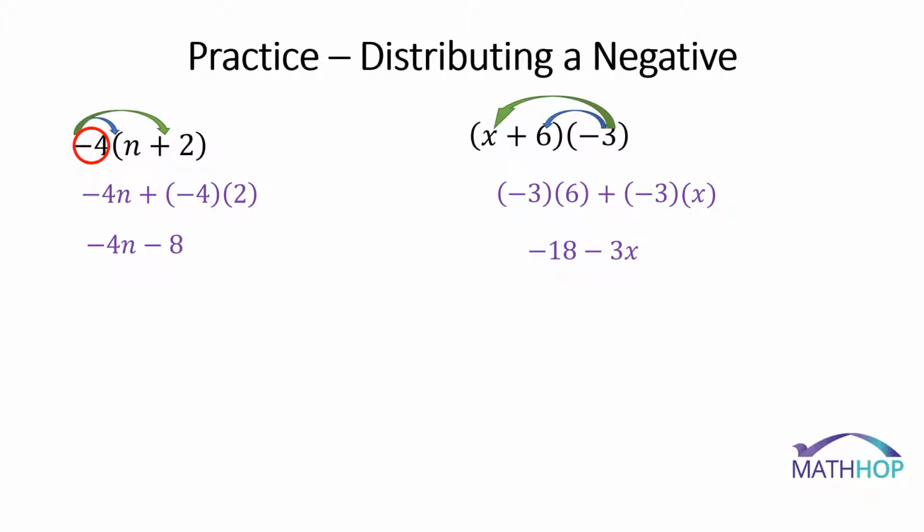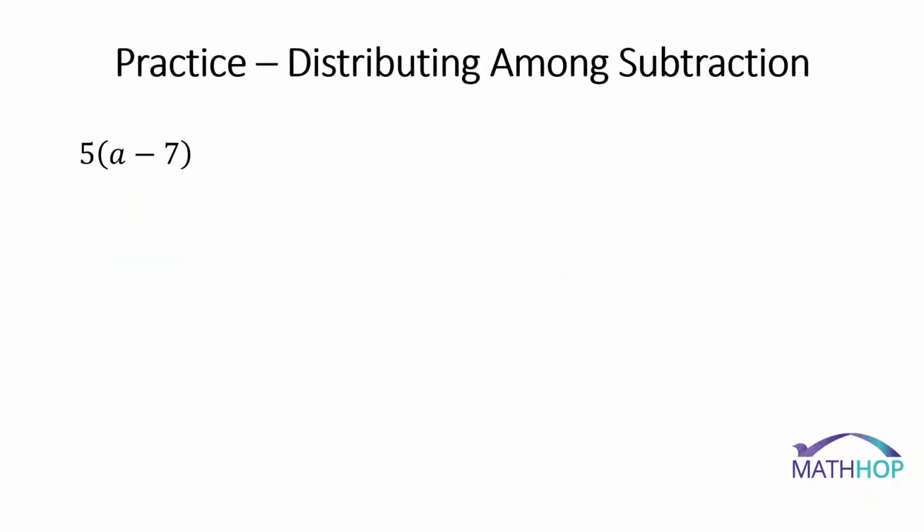All right, now what if we distribute over subtraction? So now the value out here is positive, but we have a minus 7 within the parentheses. So when we distribute, we can think of this a few ways. You can say, I'm going to multiply 5 times a, bring down my subtraction sign, and multiply 5 times 7. That's okay. Oftentimes, though, the subtraction sign does get forgotten.